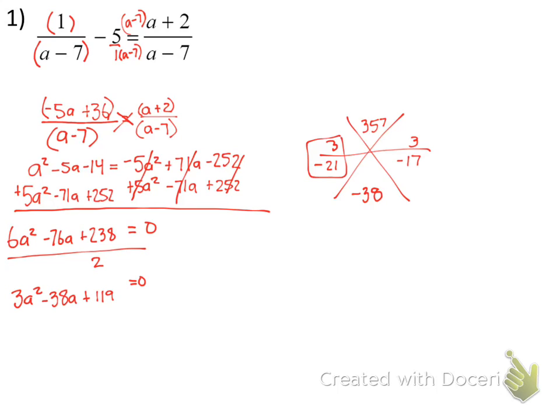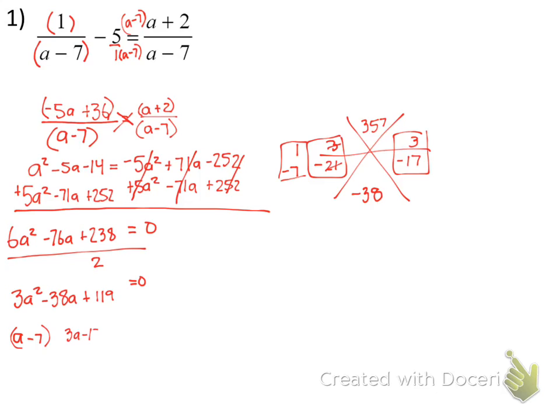Xbox, finish this off. 3 goes into each of these, so it's going to be 1 and negative 7. Now we factored this successfully. So we have a minus 7 times 3a minus 17.